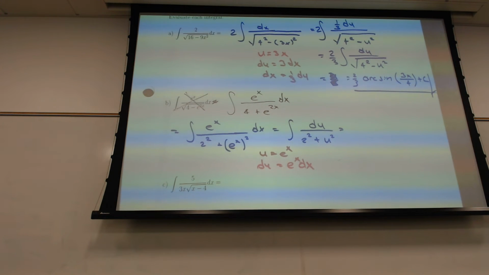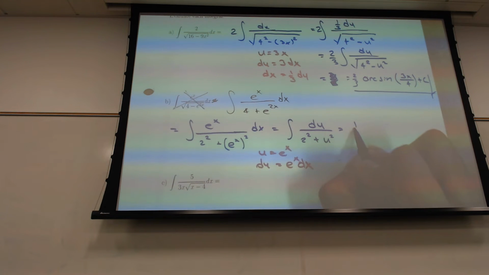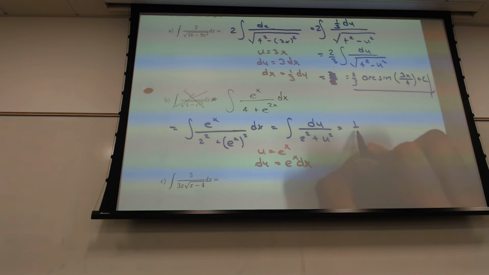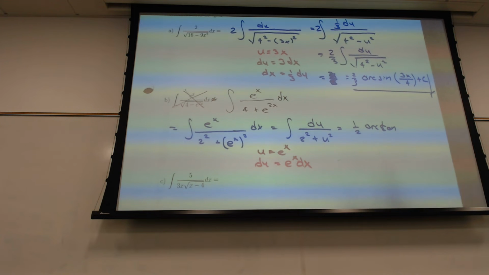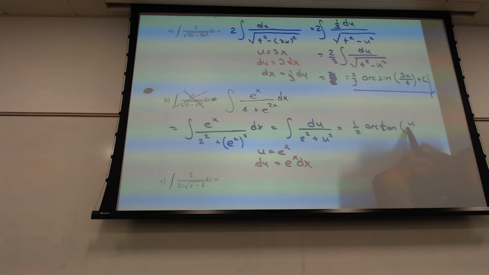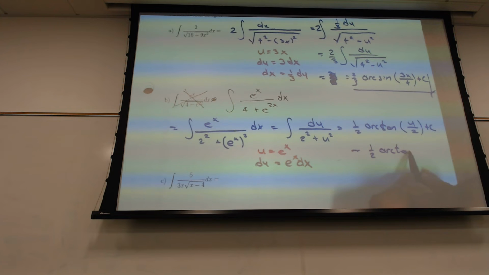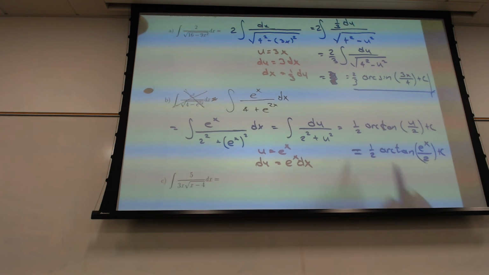And let's just use the formula for integrating this one. 1 over 2 arctan of u over 2 plus C, where the u is e to the x. That's the final answer.